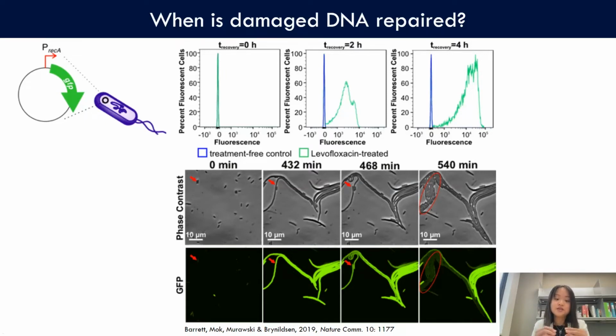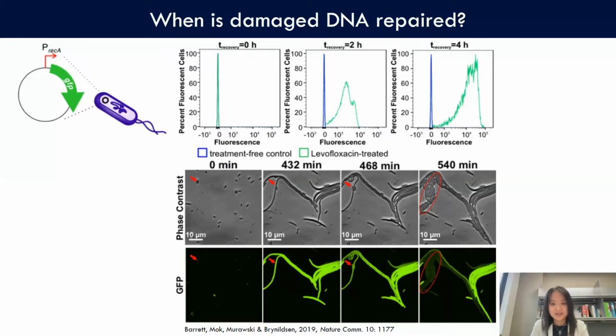And so they form these long filaments because one of the genes that is part of the SOS DNA damage response is sulA. And SulA inhibits cell division until the cells have had adequate time to repair damaged DNA. We also see in these images that there's one cell, indicated by the red arrow, that at some point around the 468-minute mark splits into two. And then it further divides, giving rise to a microcolony by the 540-minute mark, and it dilutes the fluorescence as it divides.